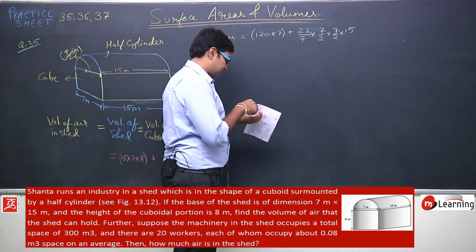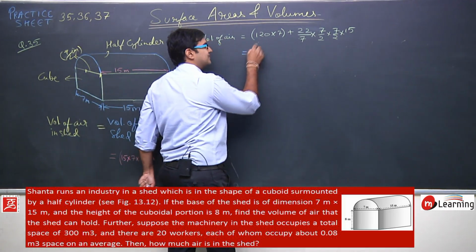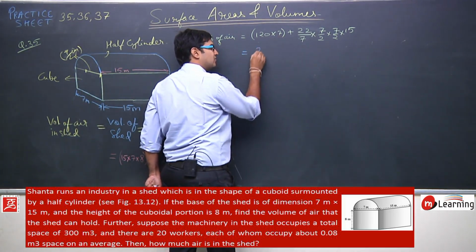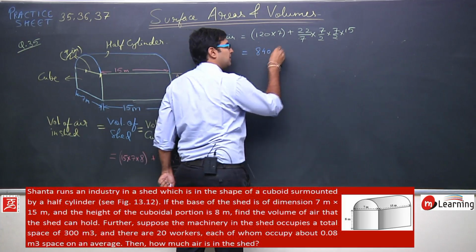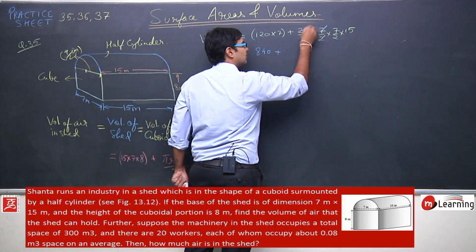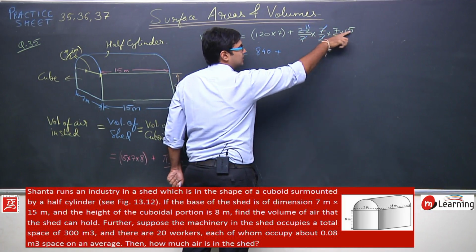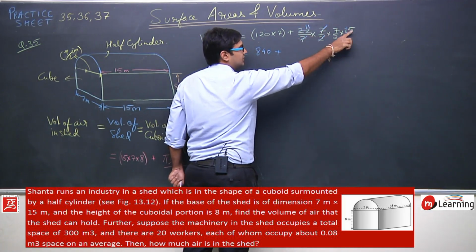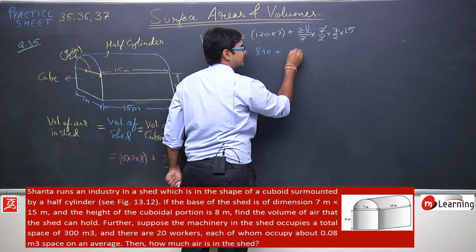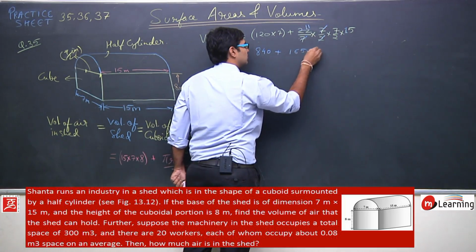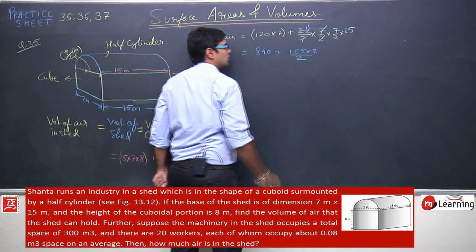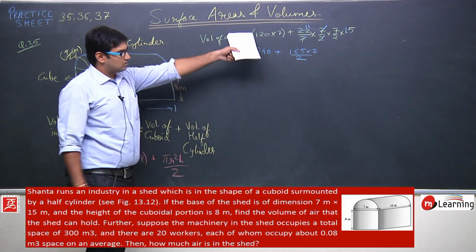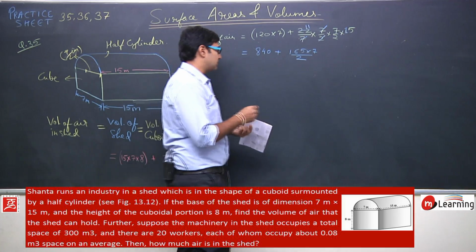Let us solve this. Now 12 into 7 is 84, so this will give you 840 plus, let us solve, it is 11 into 7 into 15. So first multiply 11 and 15. This 11 into 15 is 165 into 7 upon 2. This is the calculation. Now further let us solve this.